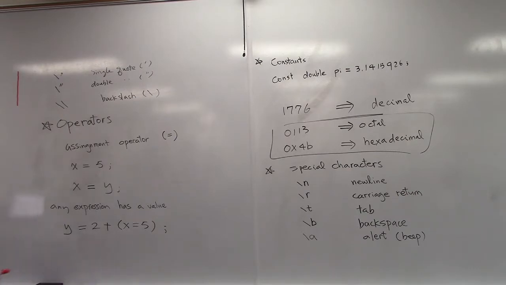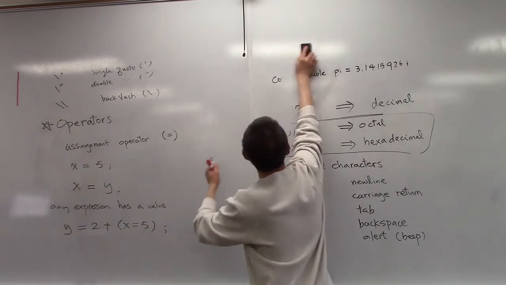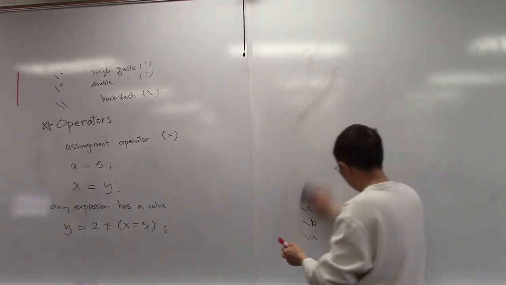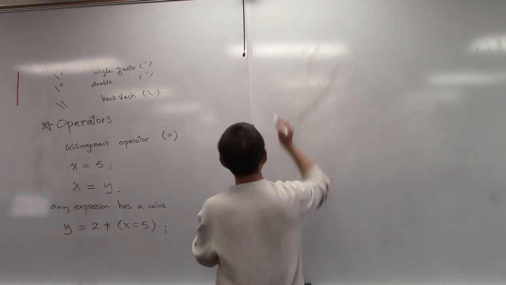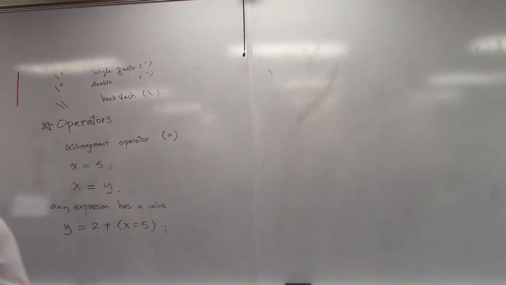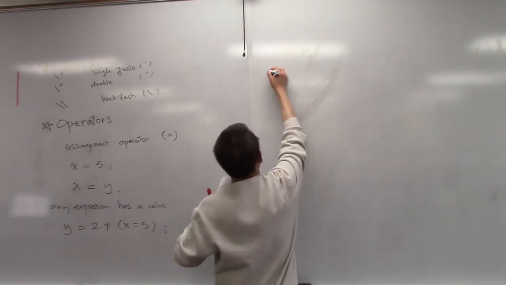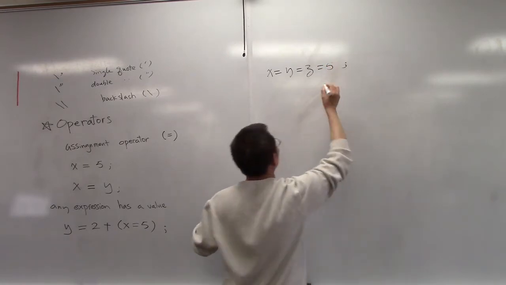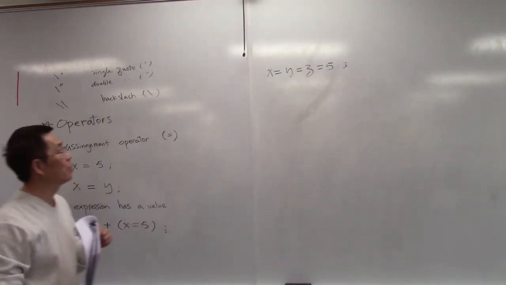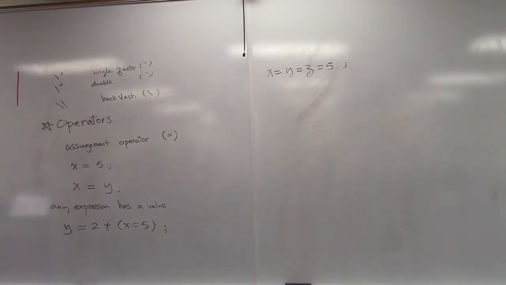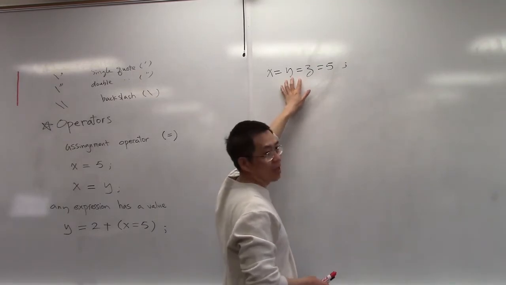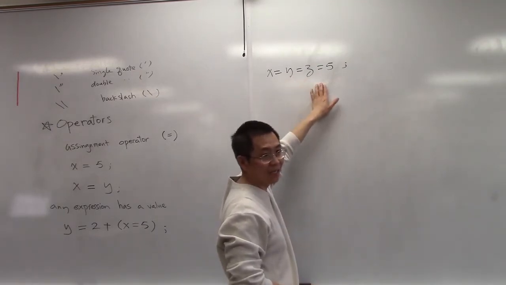And also, because of that, you can also write something like this: x equal y equal z equal 5. That is again a perfectly legitimate expression in C or C++. What happened is this. For any assignment statement, the right-hand side is carried out first.